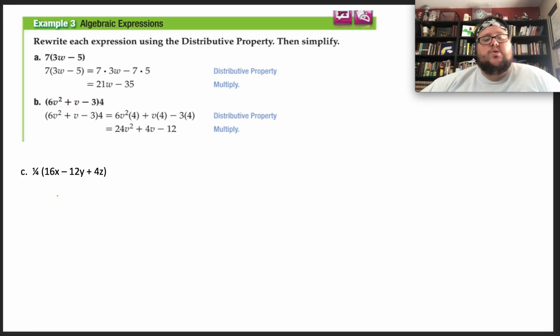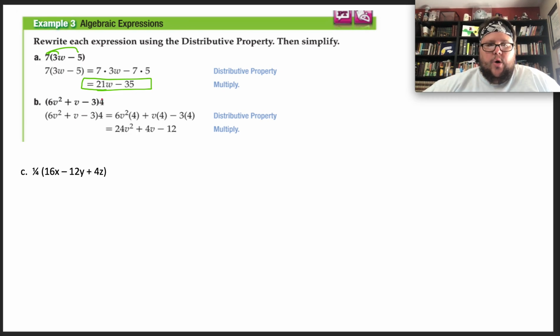But we can also do it where we're distributing in with a variable. So rewrite the expression using the distributive property. So 7 times 3w would be our first term, which is 7 times 3 is 21w, and then 7 times 5 is minus 35, so it'd be 21w minus 35.